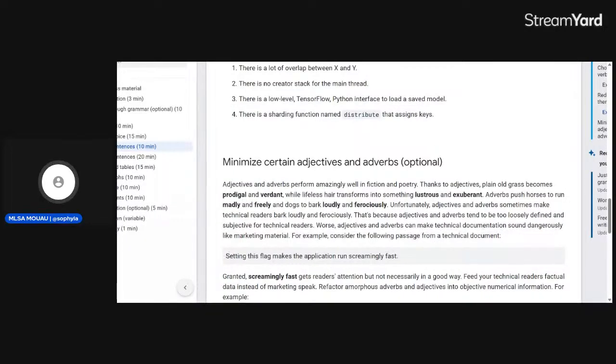So minimize using certain adjectives and adverbs. And then another thing that I tell beginners in technical writing is avoid using big words like flamboyant, or words that make you sound as if you are a scholar.